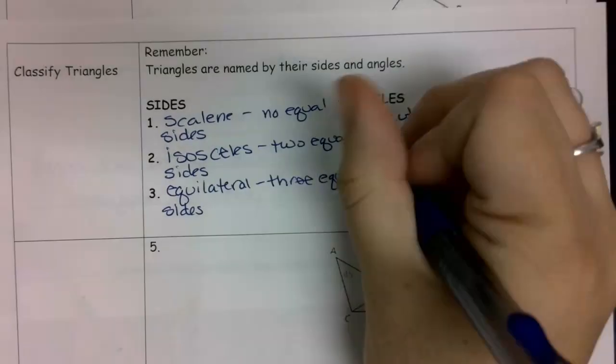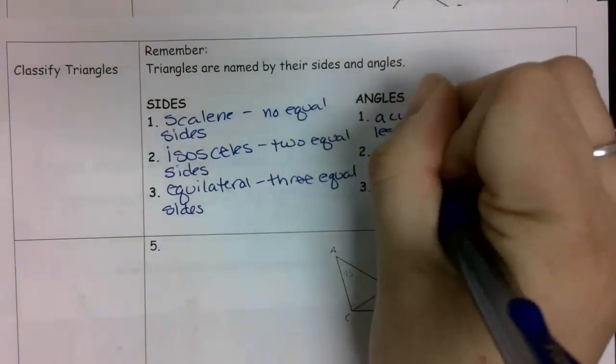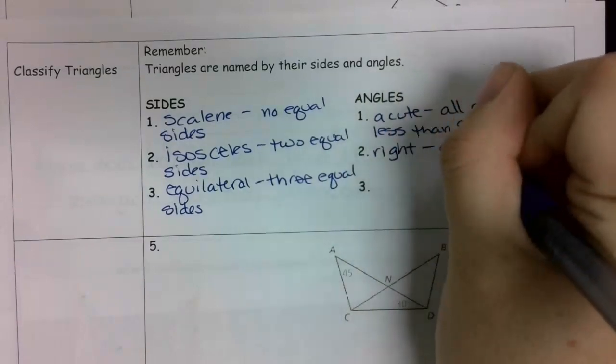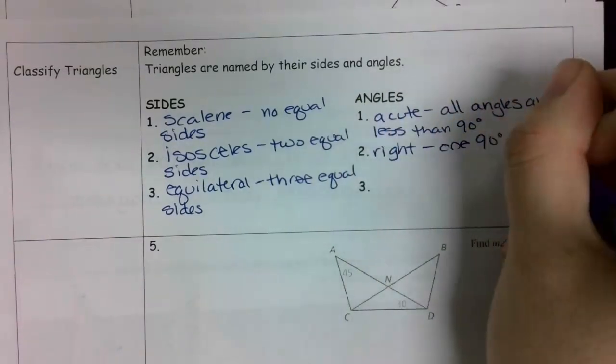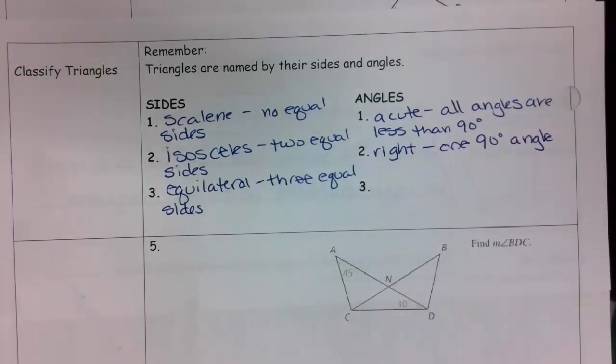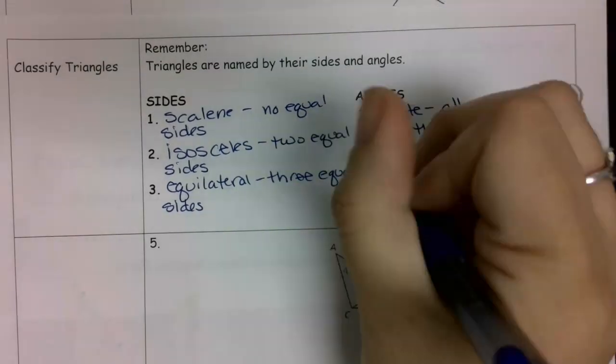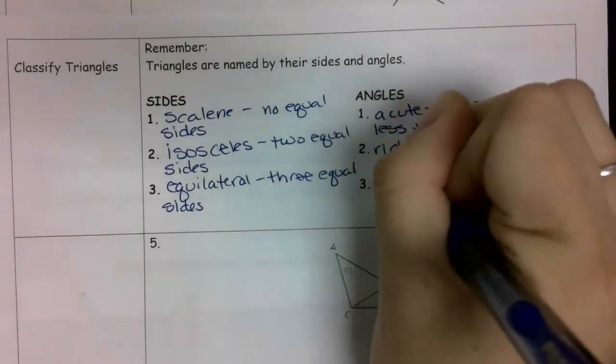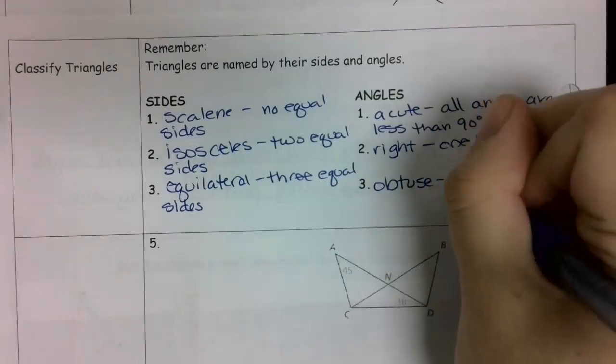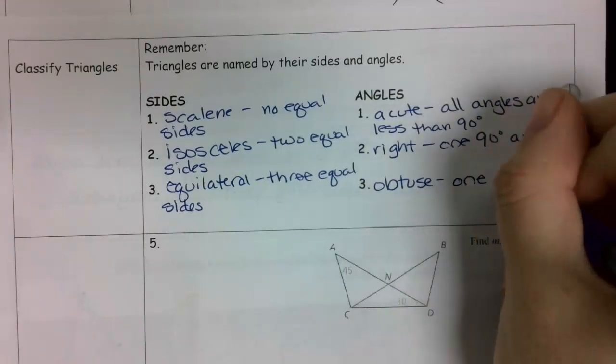Then I have right, which has one 90-degree angle. And then I have obtuse, which is one angle larger than 90 degrees.